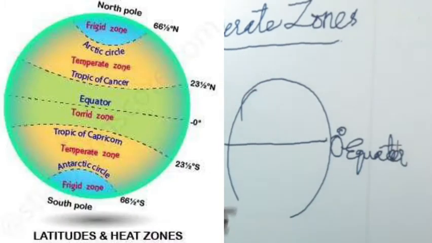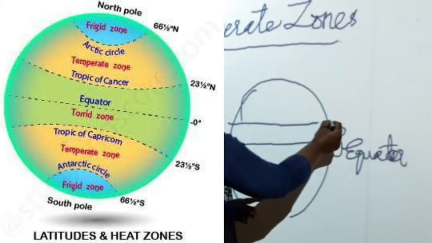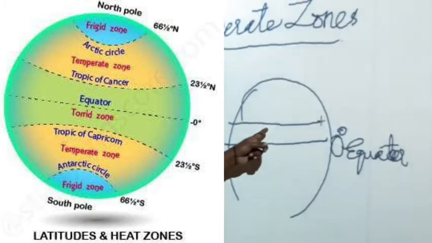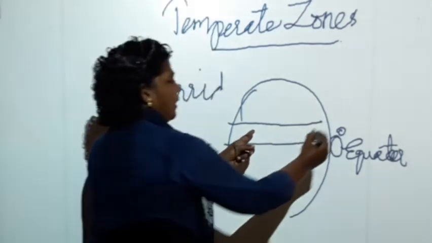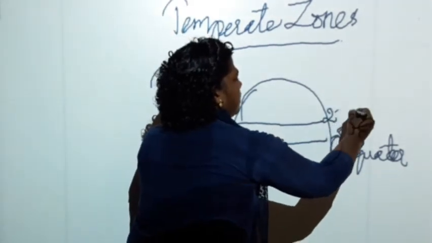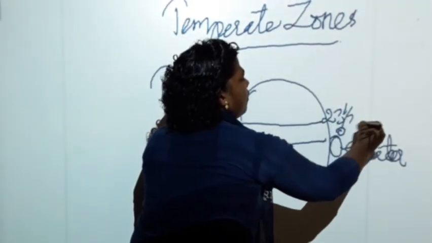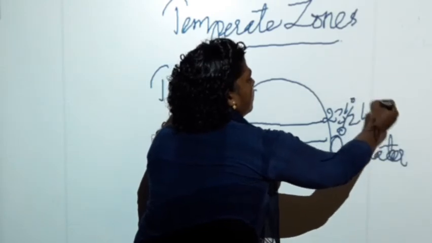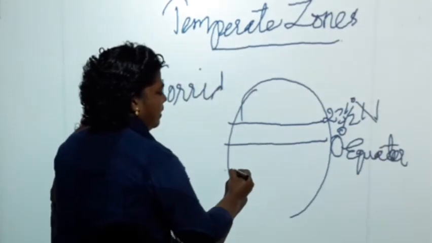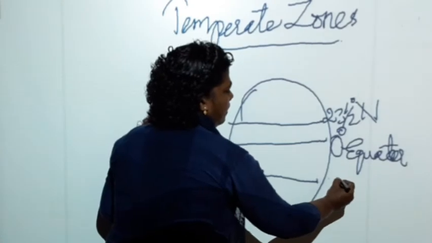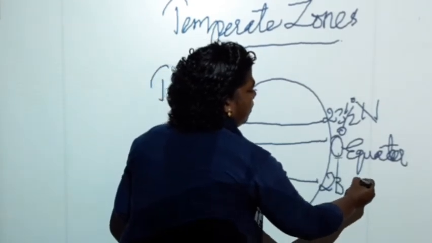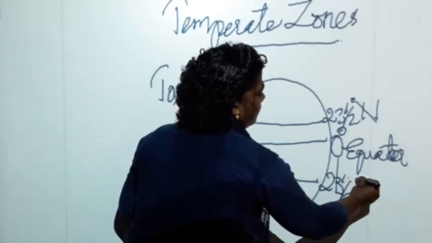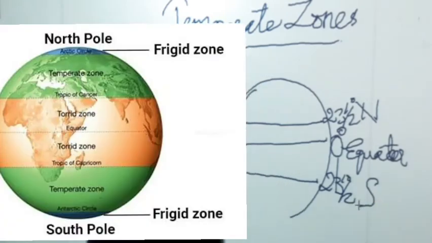And above the equator, this is Tropic of Cancer. Its degree is 23.5 degree north. And here again 23.5 degree south.